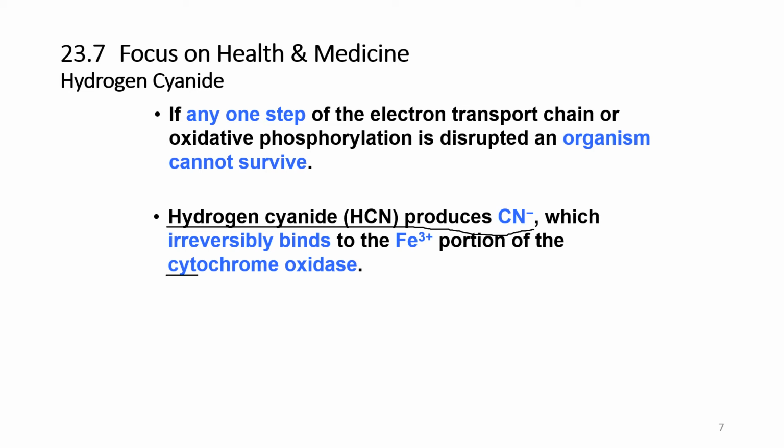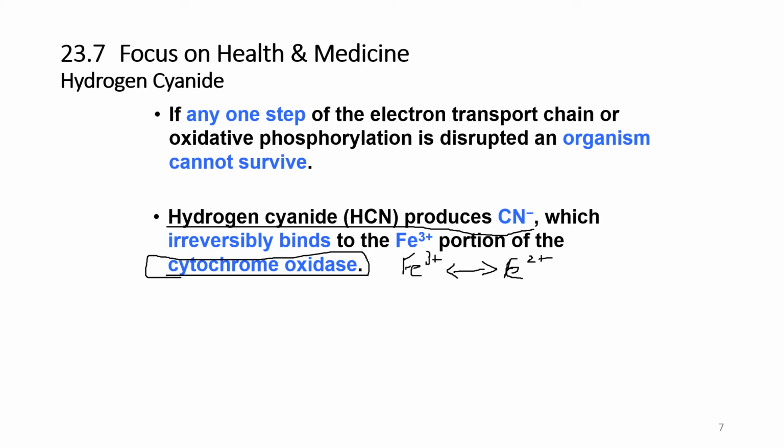So this is one of the enzymes in the complex, and it goes back and forth between Fe3+ and Fe2+. So it is one of those acceptors of electrons that are carried to the electron transport chain by those reduced coenzymes.